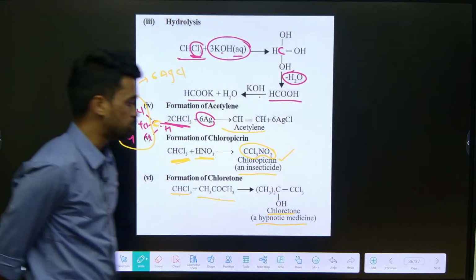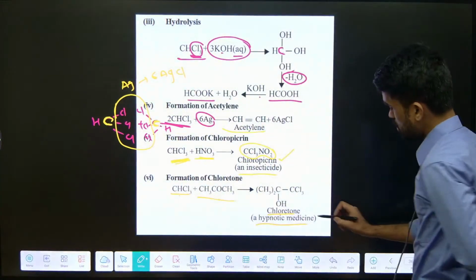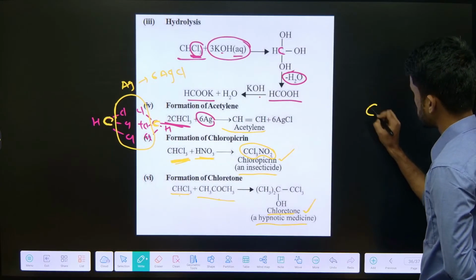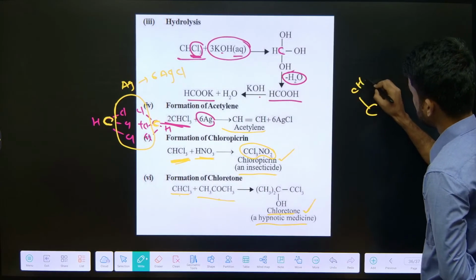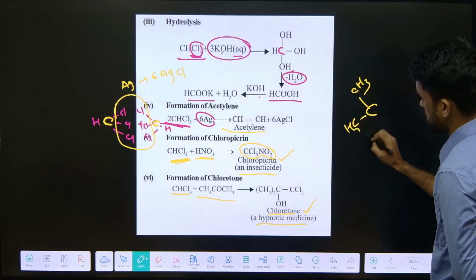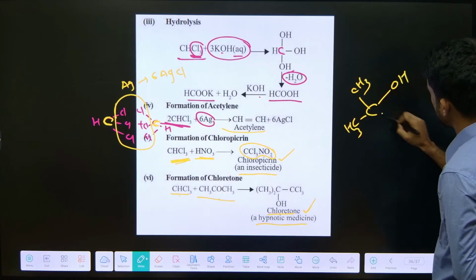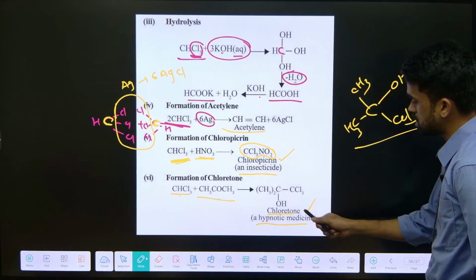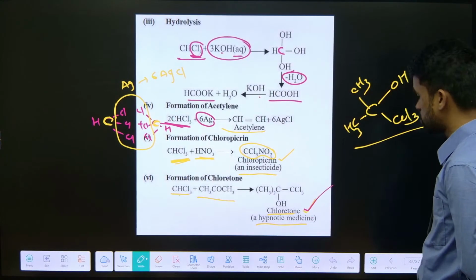What is the name of that compound? Chloretone. Try to remember the reaction and the product formed, like CH3, CH3, here one side OH, another side is CCl3. Remember this. It is called chloretone, which is a hypnotic medicine.